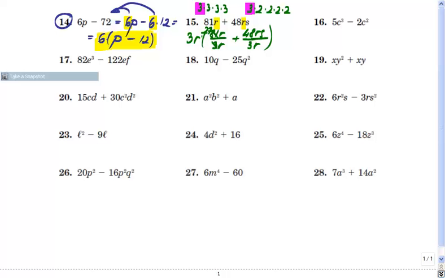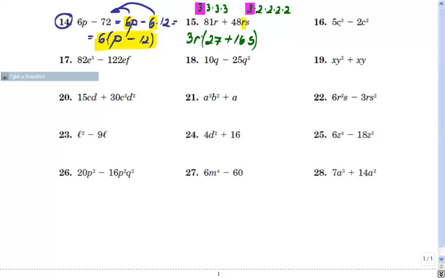So I will have here 27r, but r and r canceling out will be just 27. In here, 3 goes in 48 16 times. R goes in r 1 time, and I have s. So the whole thing left in the parentheses would be 27 plus 16s. And to verify, you can multiply it. You can distribute this 3r back into the parentheses, and you should have the same answer, right?